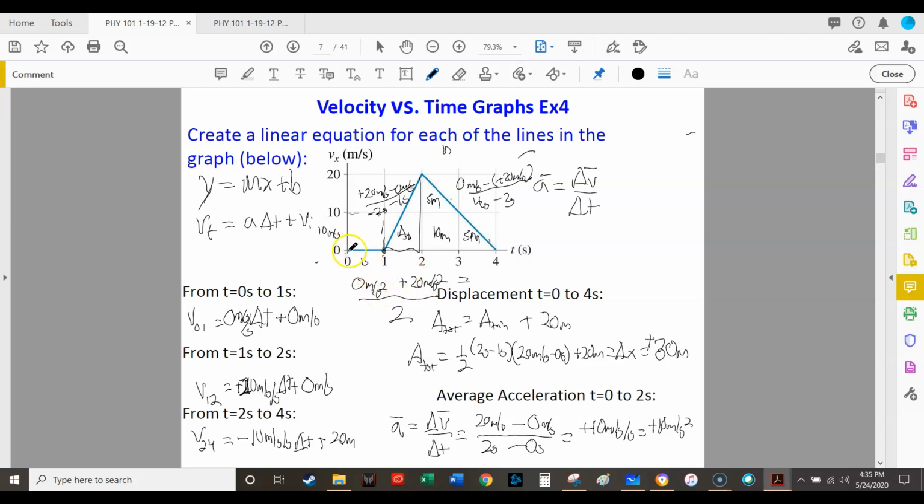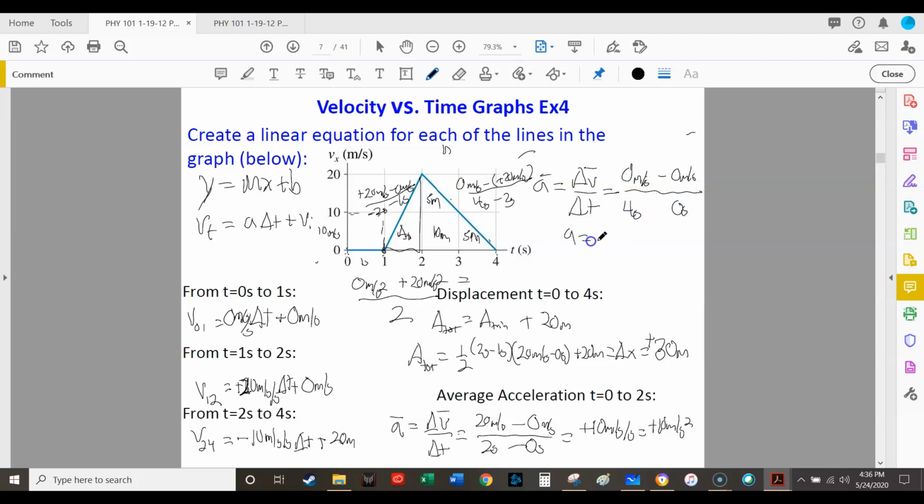Because if we did the average velocity from time 0 to time 4, well, it starts out at 0 meters per second over here, and it ends at 0 meters per second from time 0 to time 4 seconds.